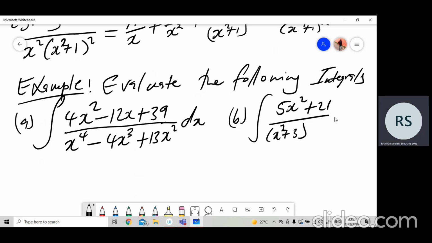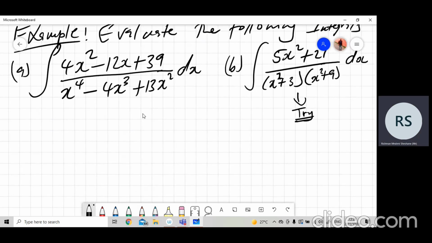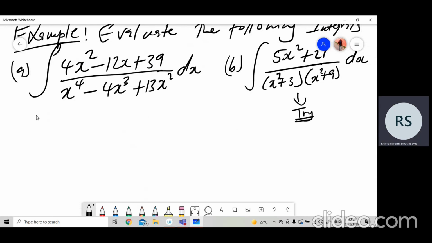Okay, you are given these two examples. I will do A. Please try the other one as an exercise. But let's do A together. So we want to find the integral of this.